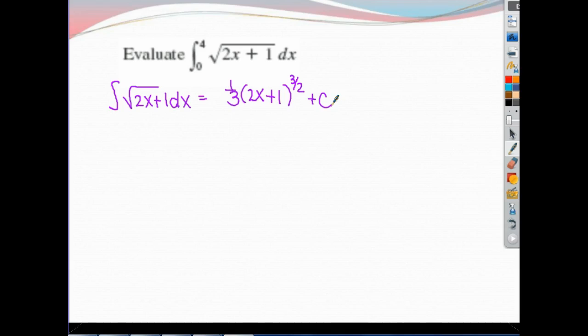The first method is to find the antiderivative in terms of u, get an answer, plug it back in, and get to your x's. So we could start with this. Get to this.